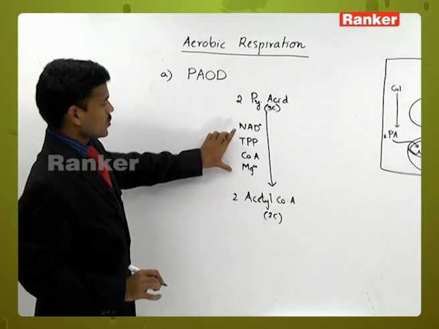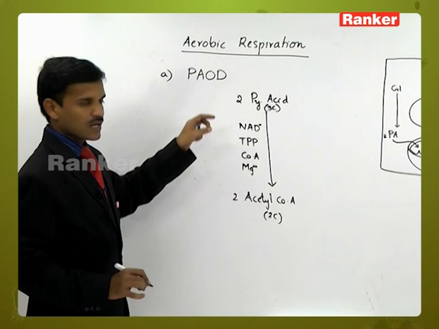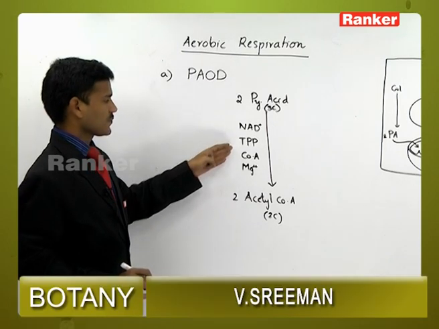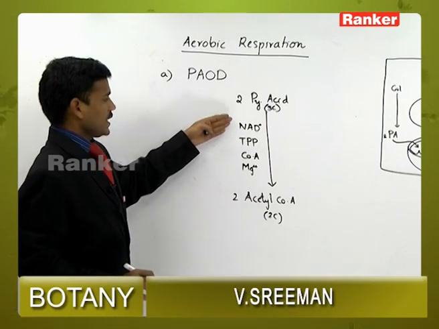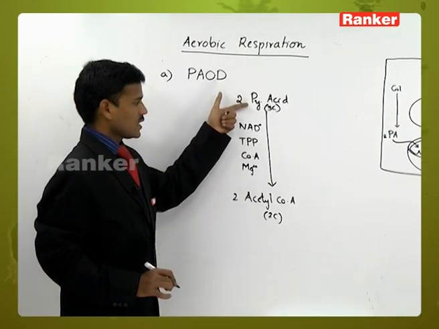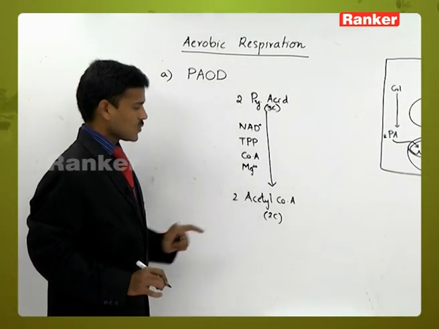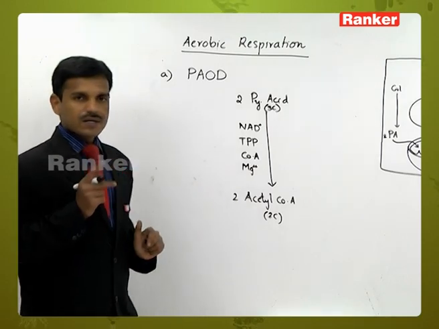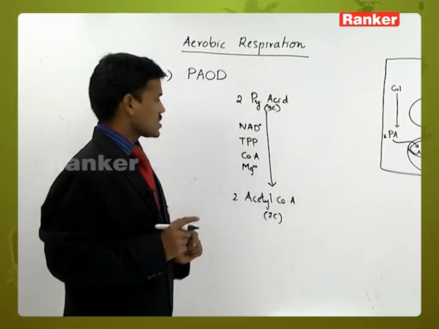Most of these are vitamins. These cofactors are required for the conversion of pyruvic acid into acetyl coenzyme A. Some enzyme complexes are also involved.